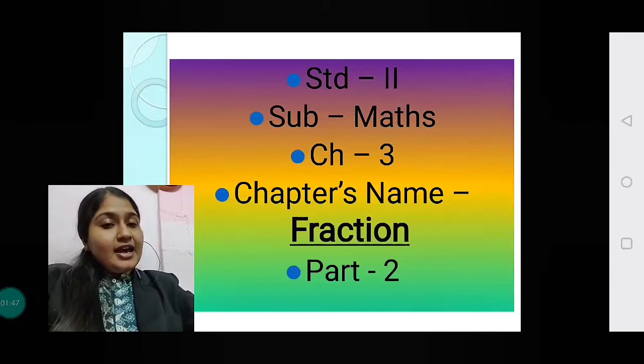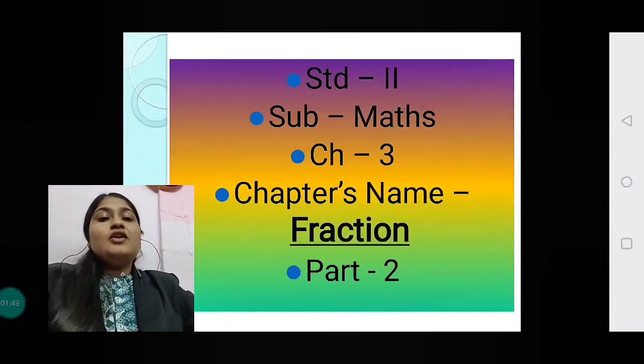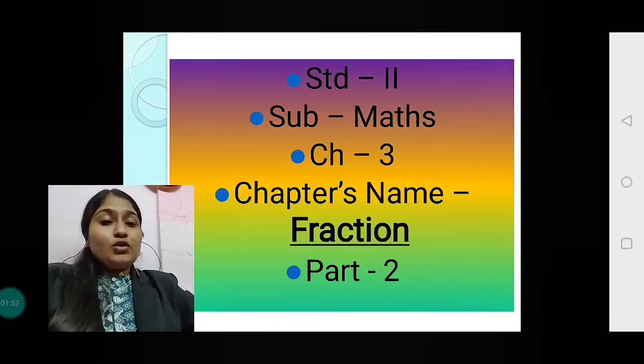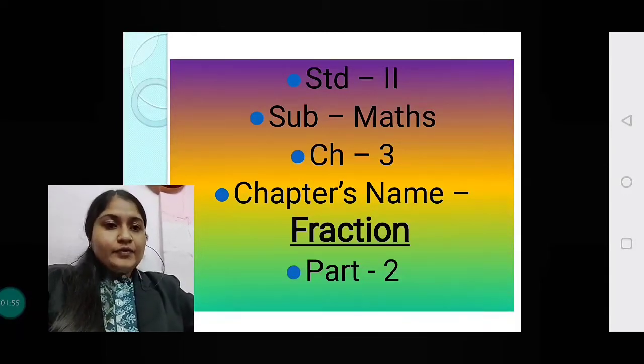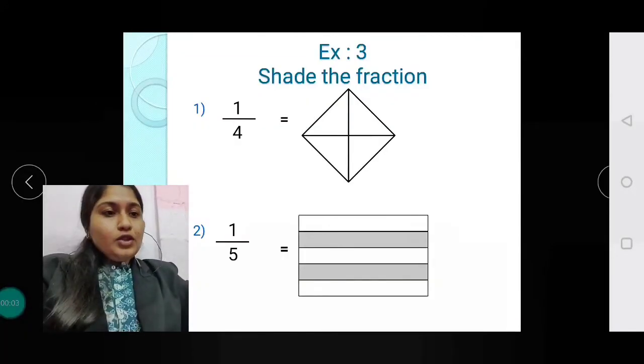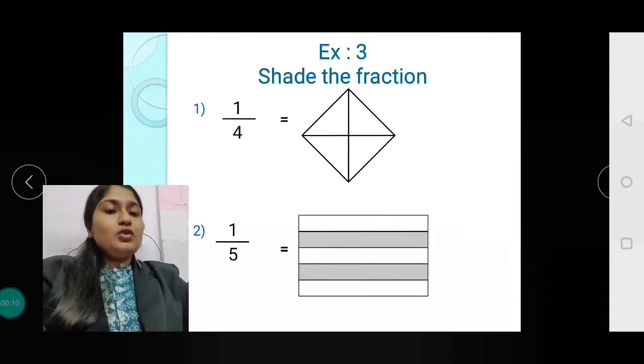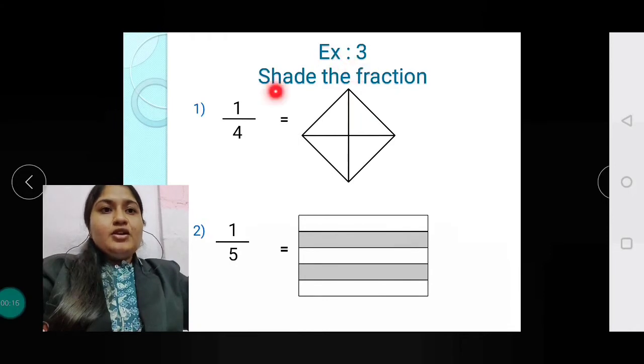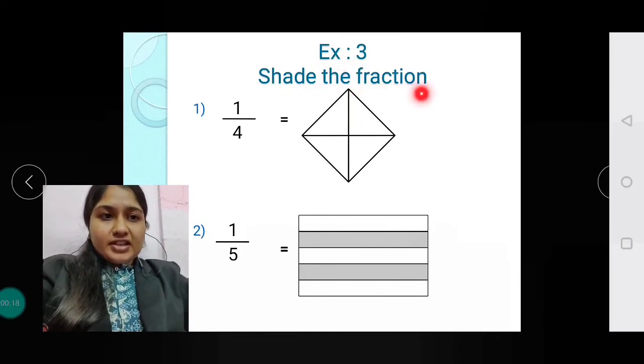Fraction दिया गया है and from that हमें shapes को shade करना है, right? So let us start. On the new page, write down today's date and start with exercise 3. The heading is Shade the Fraction. Exercise 3, Shade the Fraction.